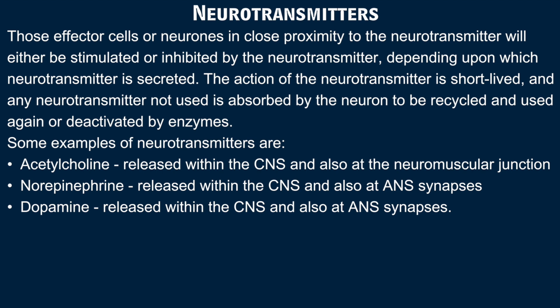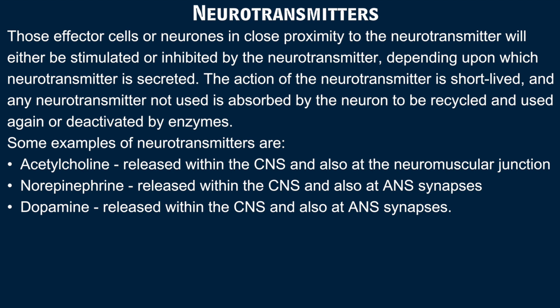Those effector cells or neurons in close proximity to the neurotransmitter will either be stimulated or inhibited by the neurotransmitter, depending upon which neurotransmitter is secreted. The action of the neurotransmitter is short-lived, and any neurotransmitter not used is absorbed by the neuron to be recycled and used again or deactivated by enzymes.